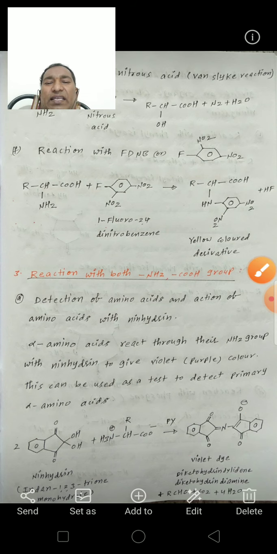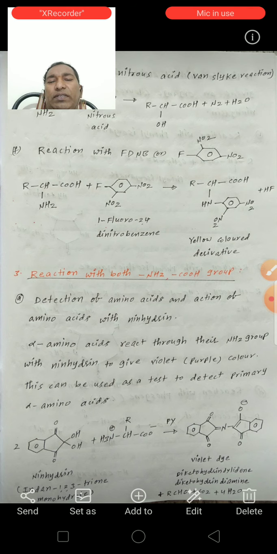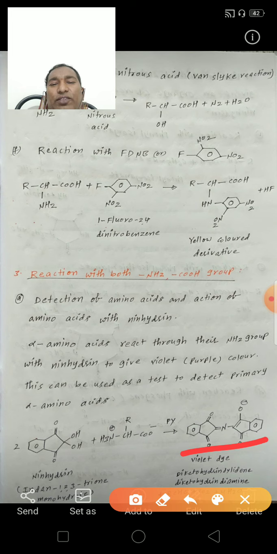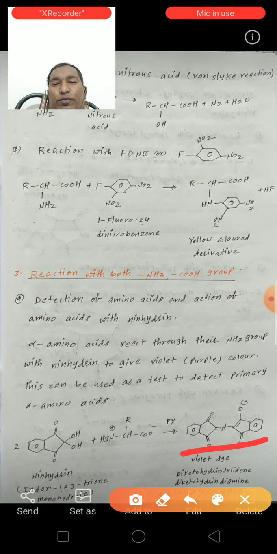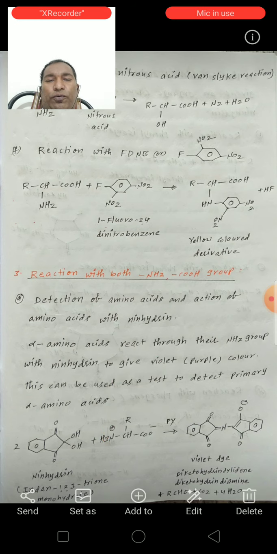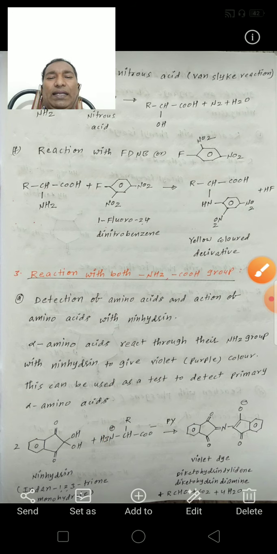In these reactions both the NH2 group and COOH group participate. In the product there is no NH2 group and no COO minus group. So both NH2 and COOH groups participate in the reaction to form this violet or purple color product.